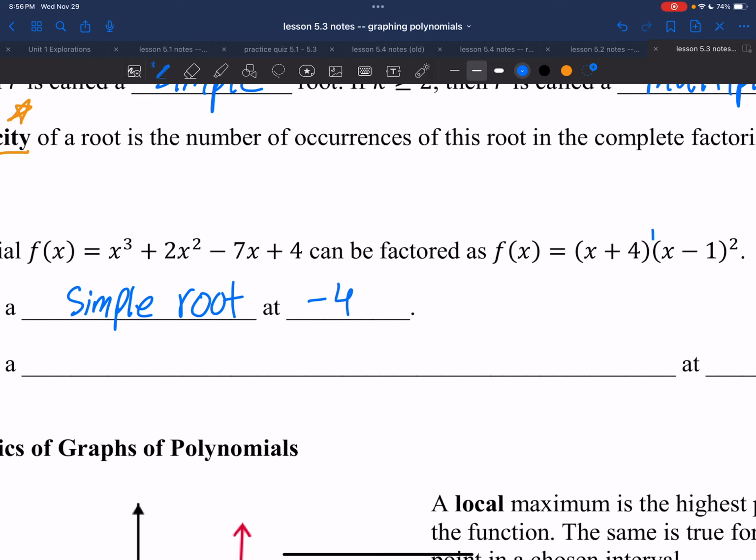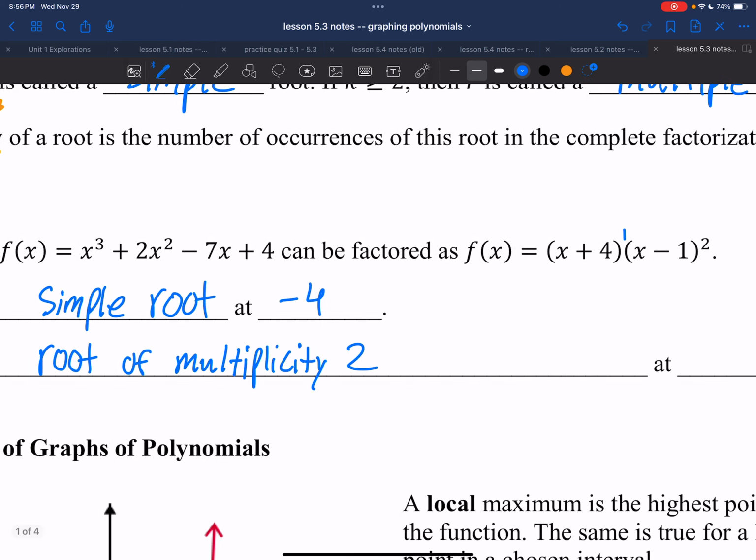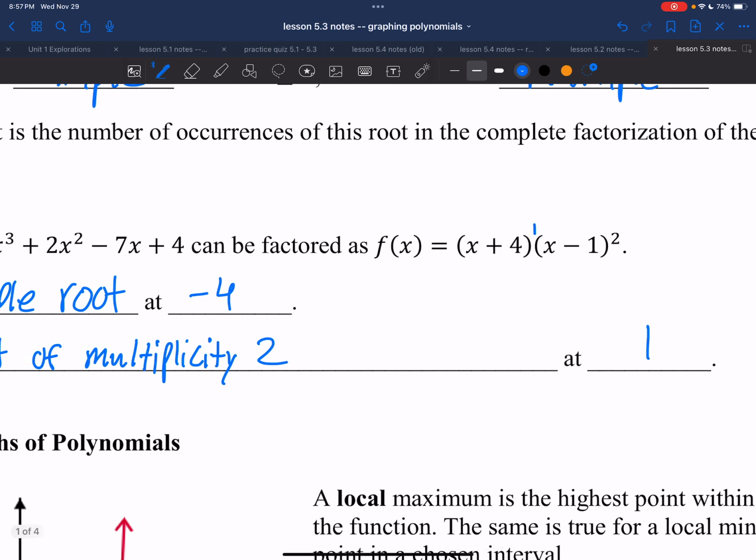So we could call this a root of multiplicity 2. You have to specify how many times it occurs if it's not a simple root. We call that a root of multiplicity 2, which is occurring at 1.